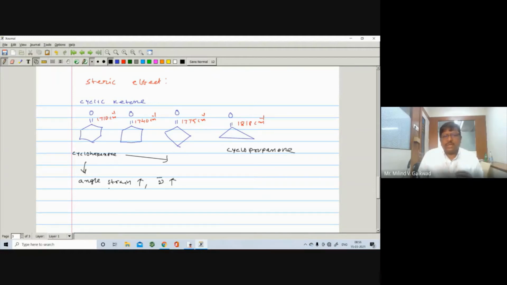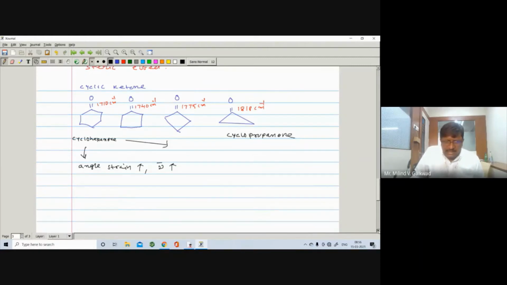So remember this one. As the size of the ring decreases, the angle strain increases, and the vibrational frequency also increases. Okay, so this is about the cyclic compounds. It depends upon the angle strain, right?